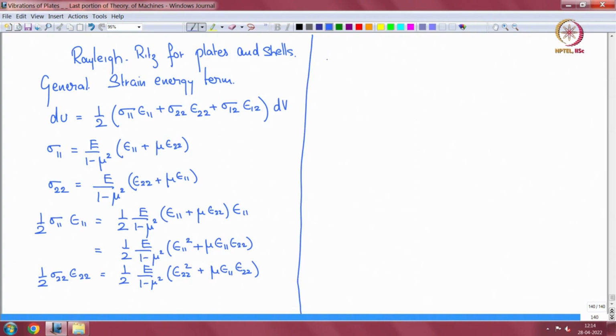And so the dU is rewritten as E by 1 minus mu squared into epsilon 11 squared by 2 plus epsilon 22 squared by 2 plus mu epsilon 11 epsilon 22, plus G by 2 epsilon 12 squared, dV.